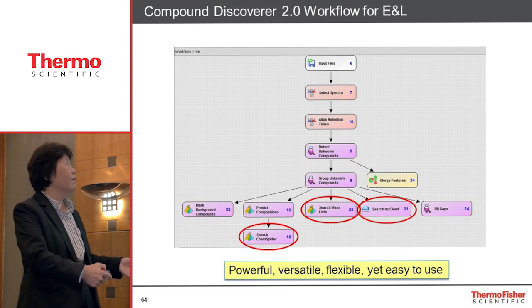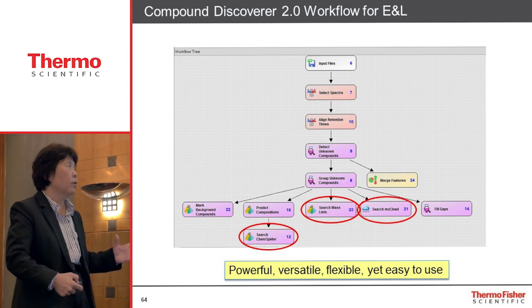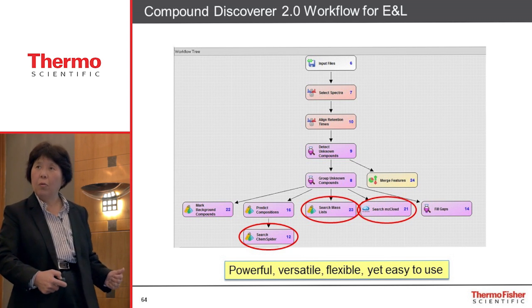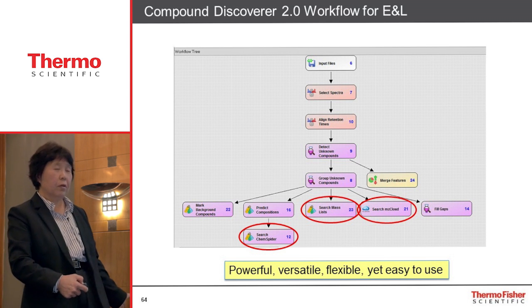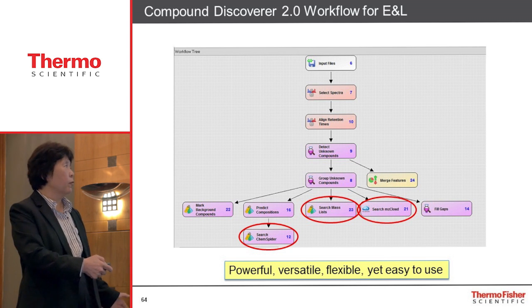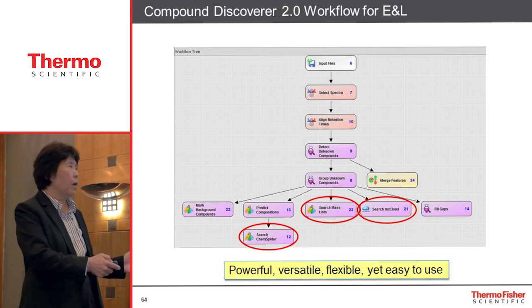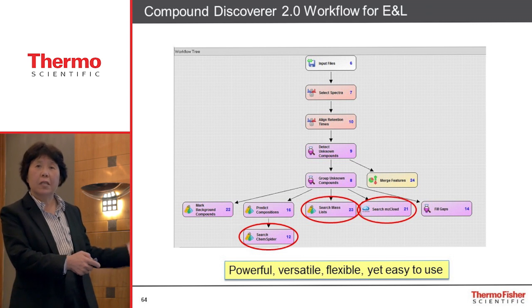So this is a very powerful software. It's versatile, it's flexible, yet easy to use. Normally, when the software is powerful, it's hard to use. Not for Compound Discoverer. If you don't want to spend the time at the beginning, you simply can use the built-in wizard.